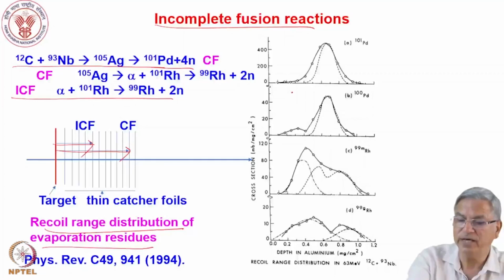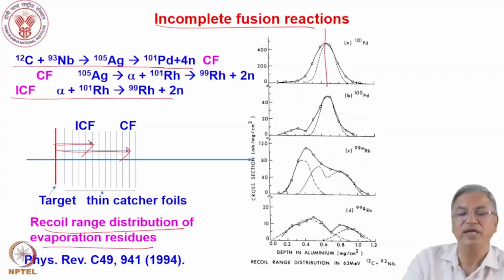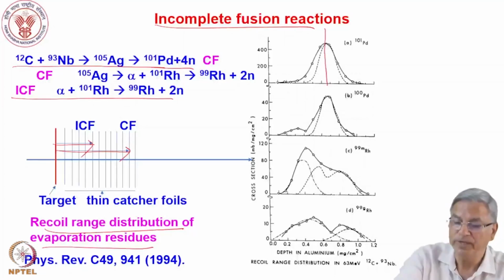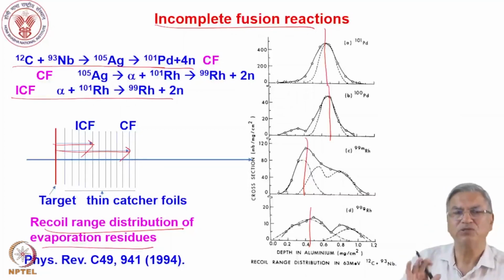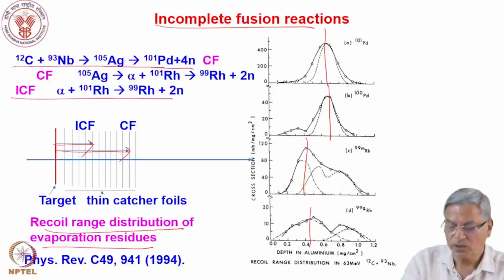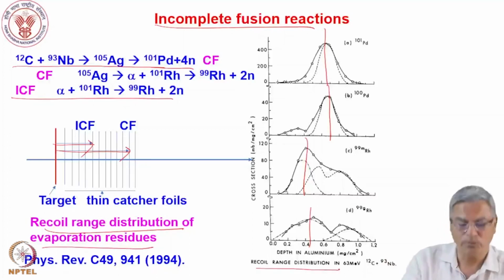That is reflected here. This is essentially the range of the particle in the aluminum. These are the compound nucleus products, but the non-compound nucleus products have a lower range. So the momentum transfer is not complete for incomplete fusion reactions. That is revealed in the recoil range distribution of the evaporation residues.